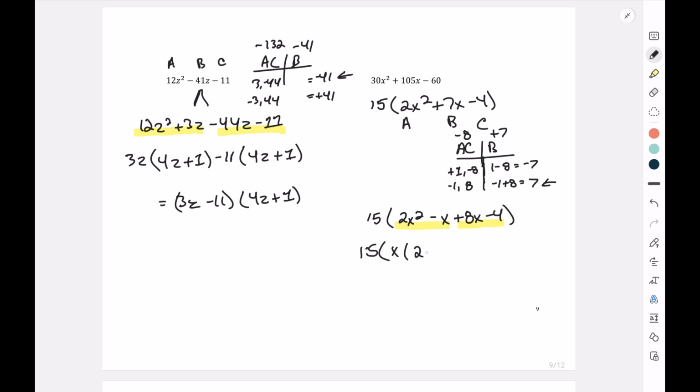And so we're left with a 2x minus 1. And since we want this 2x minus 1 to come back, we can see that if we pull out a positive 4, 2x minus 1 comes back, and our answer would be 15, 2x minus 1, x plus 4.